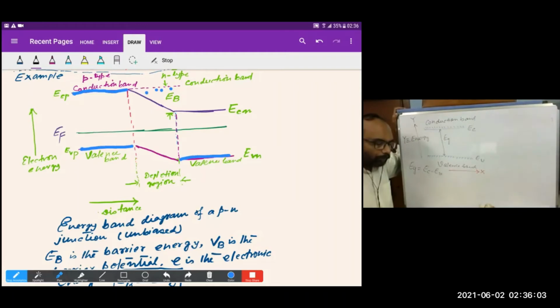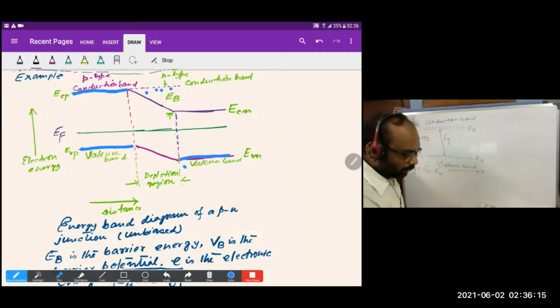You know that there is a depletion region when we merge P type and N type semiconductor, and this is the depletion region.